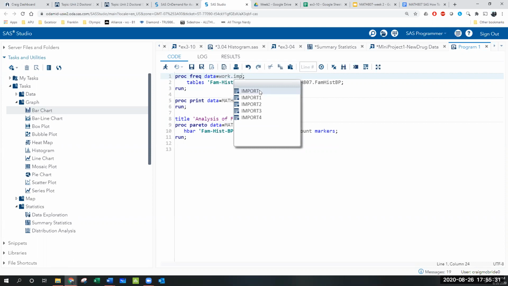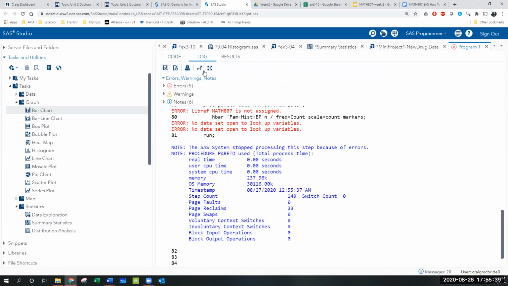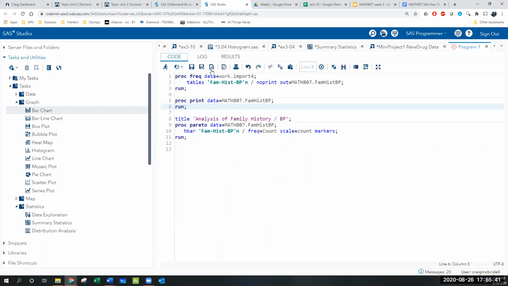Work dot import. I think it's 4. All right, let's see what we get. Okay. You cannot put that out to your work folder because you may not have a Math 807 folder in your library. Okay. Yep.